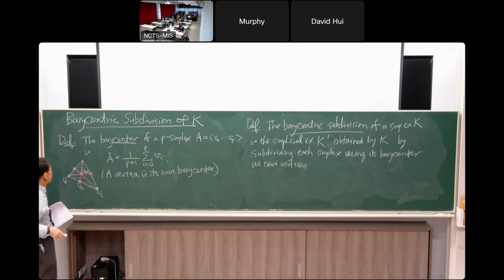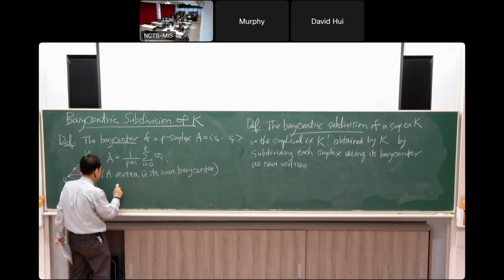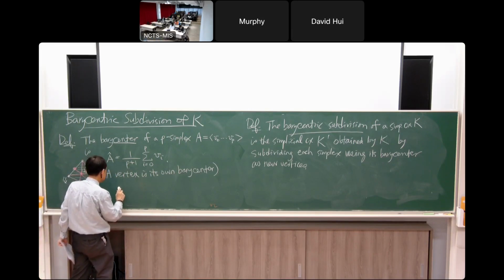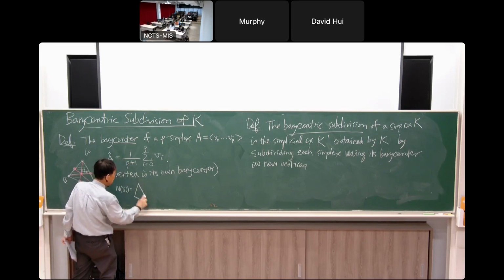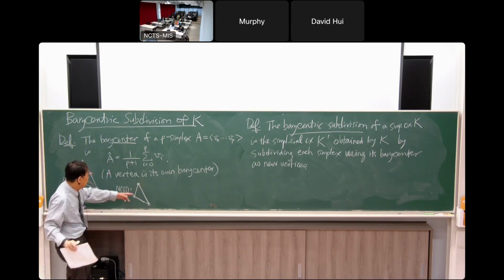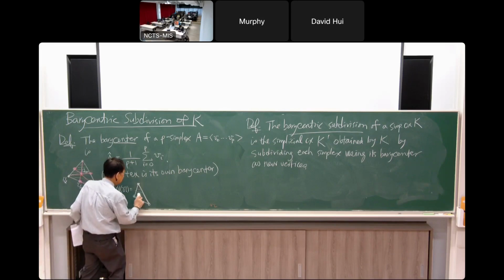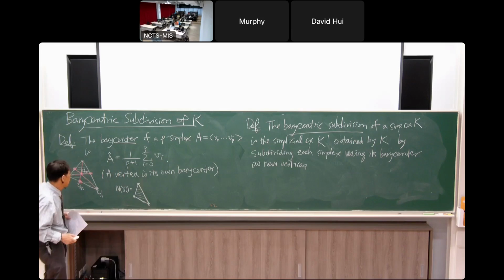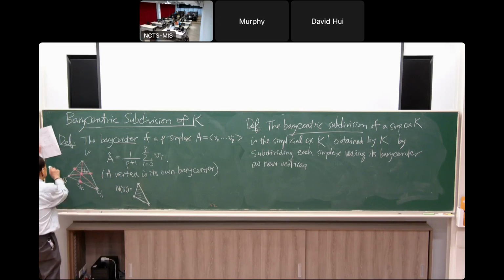So if you have a nerve, and if the nerve is a two simplex, then this would be the barycentric subdivision of the nerve. It's a new simplicial complex with more vertices and faces.